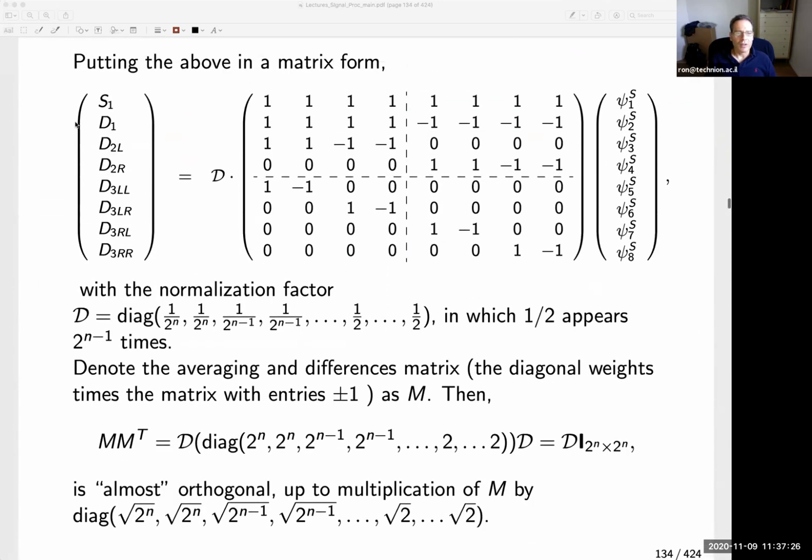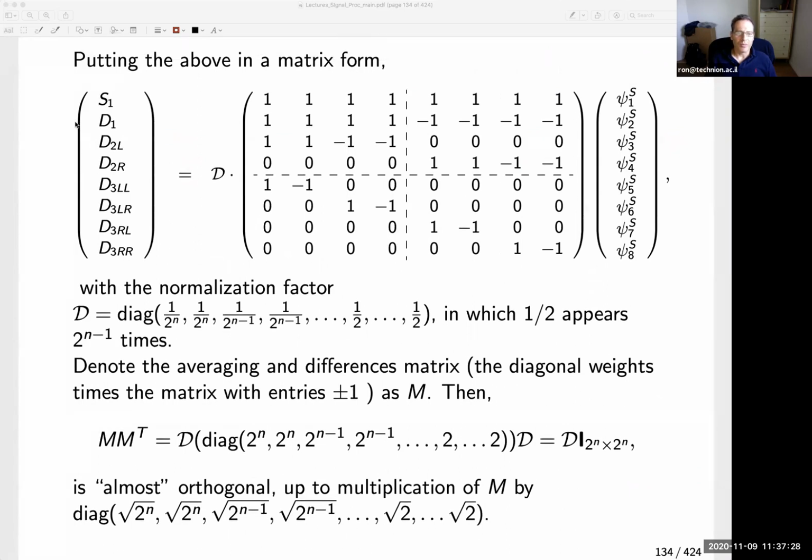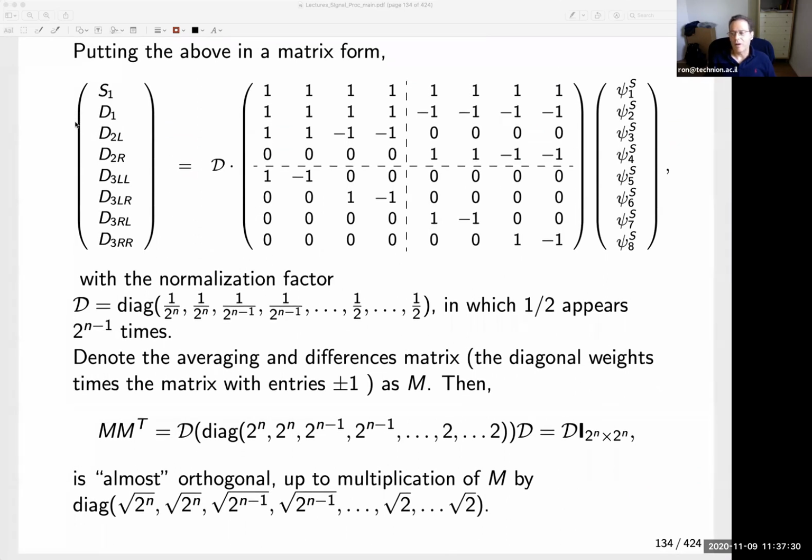Now, how do we do it in matrix form? So now I don't know about Walsh, I don't know about Hadamard, and I would like to construct my own matrix in order to do the game. So what I would do is the following. First of all, I'm keeping the sum of the whole. So this would be multiplying the standard coefficients by ones.